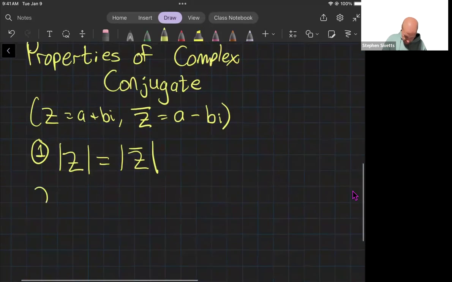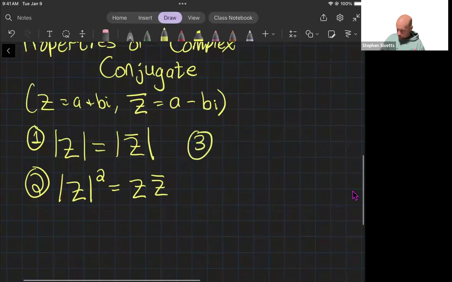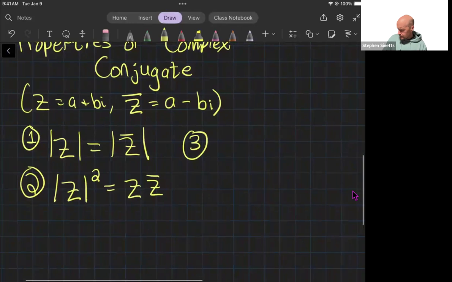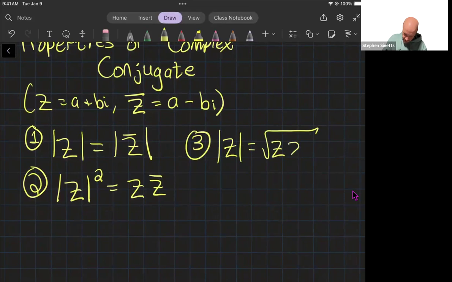Also, the second property is that the length of the complex number squared is equal to z times z bar, z conjugate. The third is that the length of z is equal to the square root of z times z conjugate.